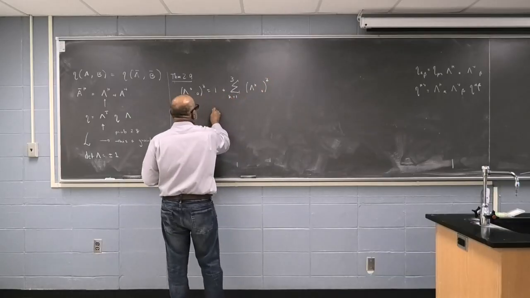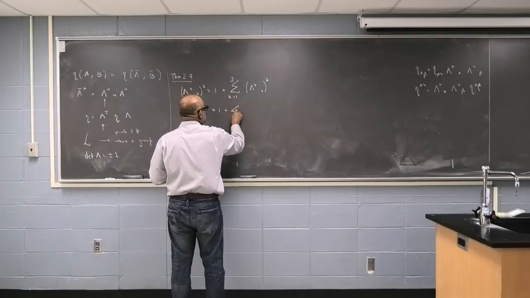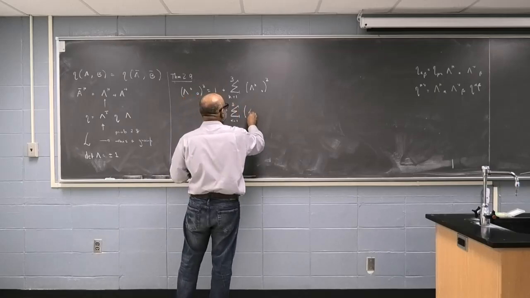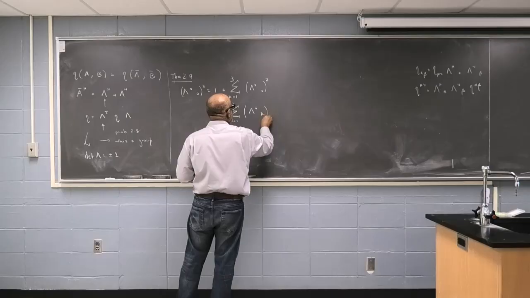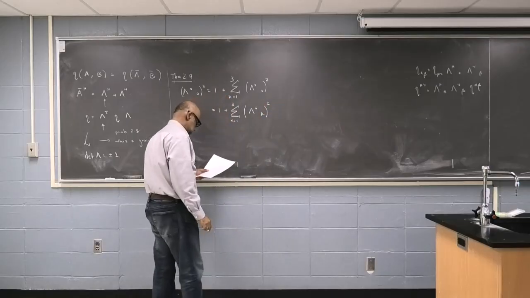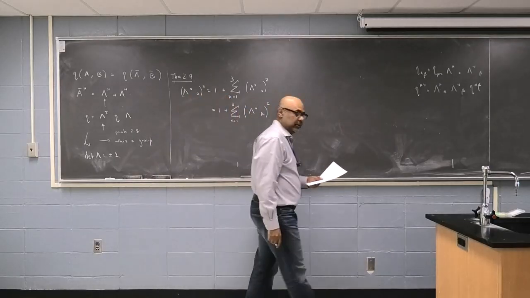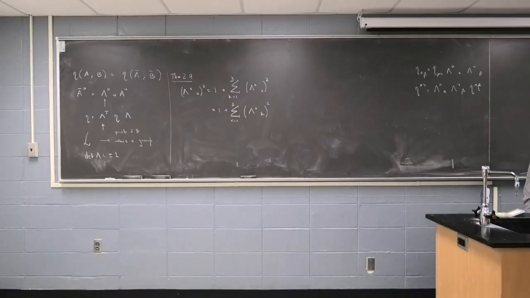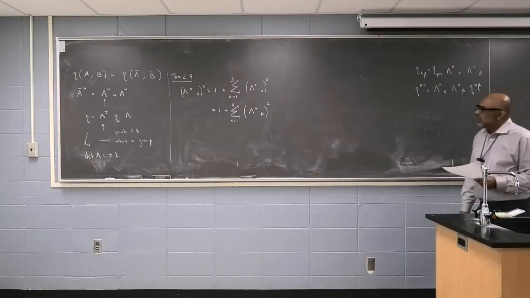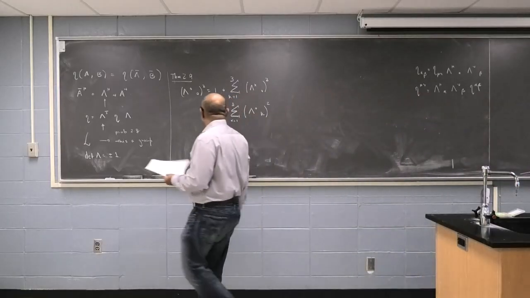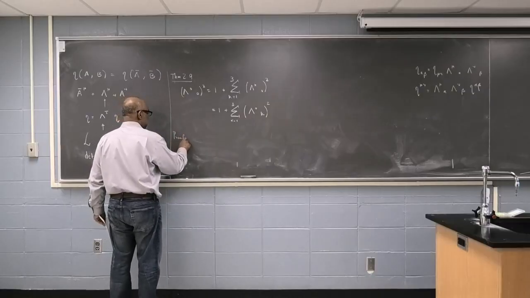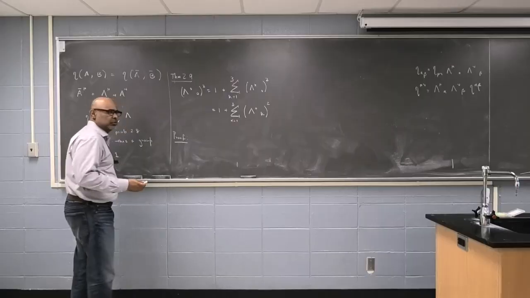Or I can even write it as 1 plus the sum over k equals 1 to 3 of lambda 0 k squared. Okay? That's the theorem which I have to prove. You would think, well, it's an odd thing to prove. The question is, why are we proving it?